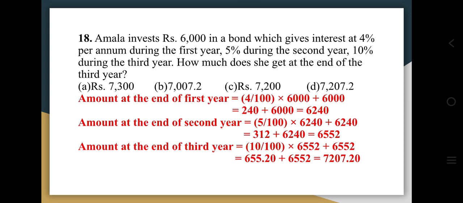At the end of third year, it will become 10 by 100 into 6,552 plus 6,552, that is 655.2 plus 6,552, which is 7,207.2. So the answer is choice D.